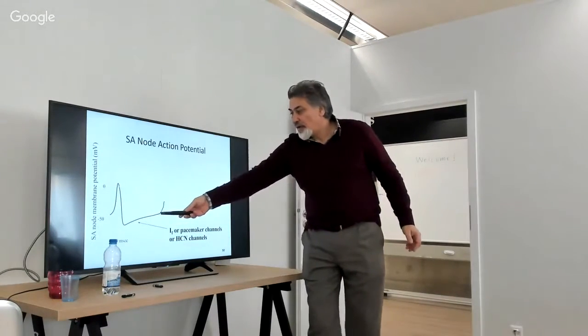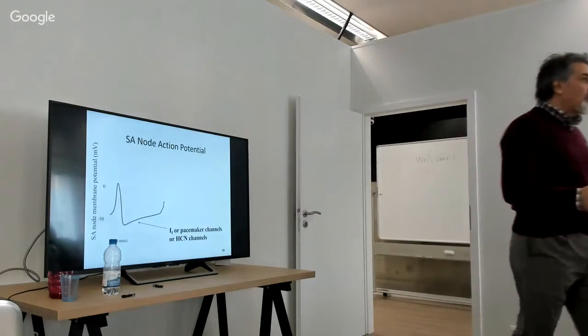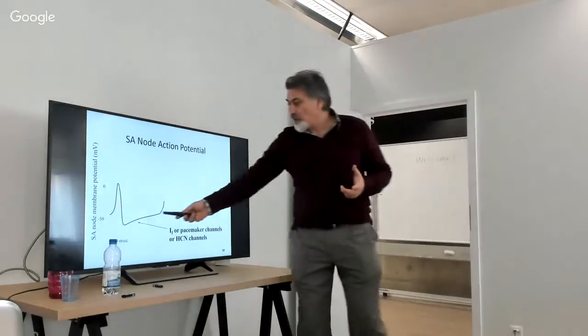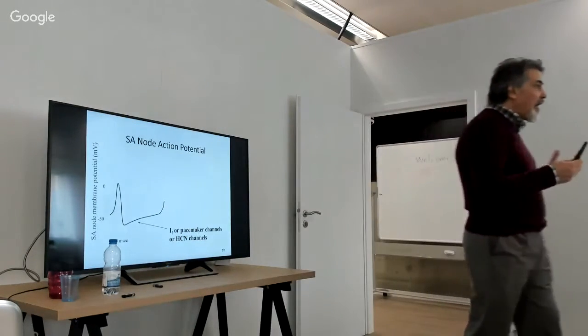We have the prepotential slowly going up because we have the sodium going in the funny channels, and we have potassium channels that are closing even more, so positive charge stays inside. And we have some transient calcium channels that contribute to bring the potential to minus 40, minus 45.